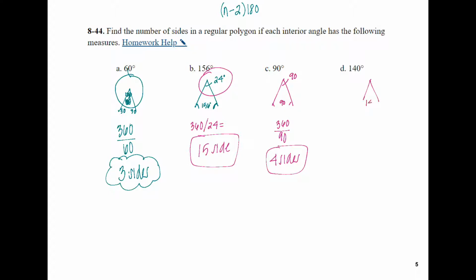Again, I have 140. If I subtract that from 180, that tells me that my central angle is 40 degrees. 360 divided by 40 tells me that my figure is 9 sides.